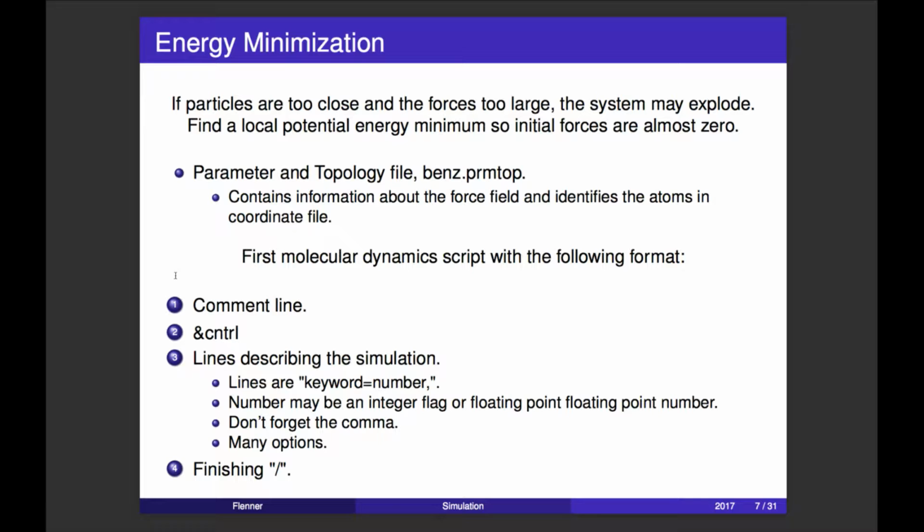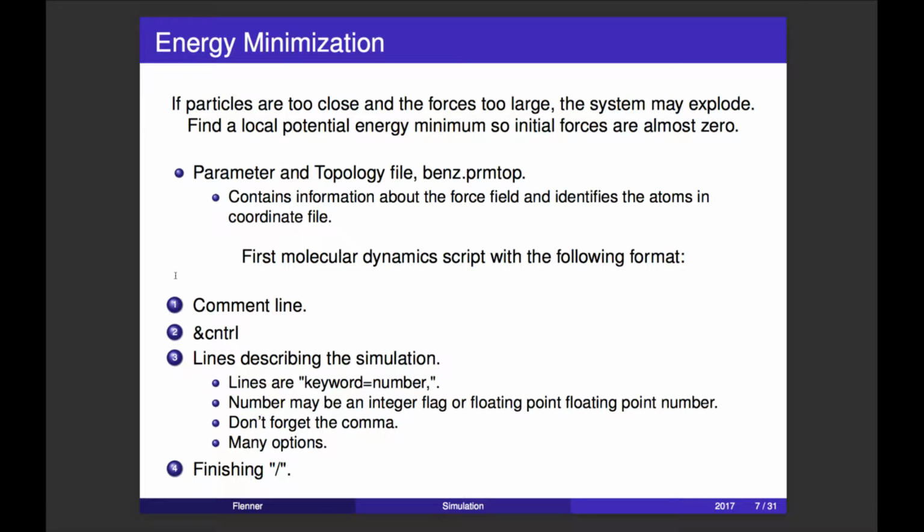To tell you what's going on, you notice you load in two files. The first one is a parameter file. And that parameter file that you load into VMD is also used in Amber. And that contains the information about the force field, so the information about the potentials, and identifies what the atoms are in the coordinate file. It identifies all the benzenes.